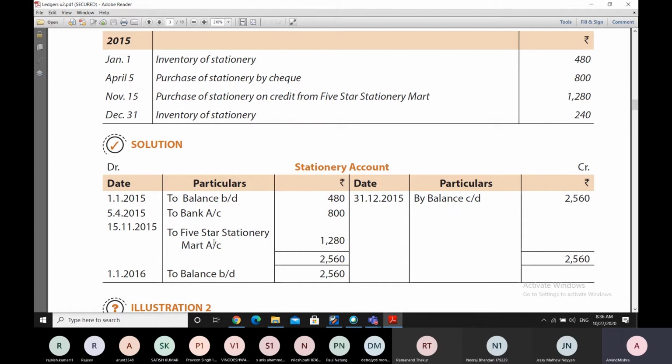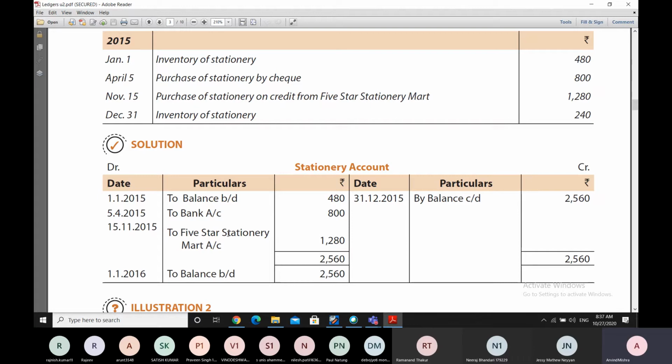So here again the stationery account is being debited by 1,280 rupees, and in the reference we are writing the account which is being credited. So 5-star Stationery Mart account is being credited for 1,280, and stationery account is being debited here.